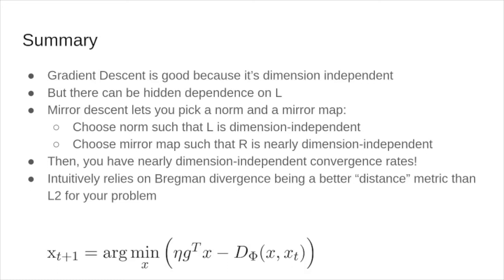Those are two simple choices, and that gives you an optimization algorithm, and it gives you pretty simple plug-in dimension independent convergence guarantees. And intuitively, if we look at the more standard form of the update rule that we use, this relies on using Bregman divergence as your distance metric for how much to update in any direction, instead of the L2 norm for your problem.